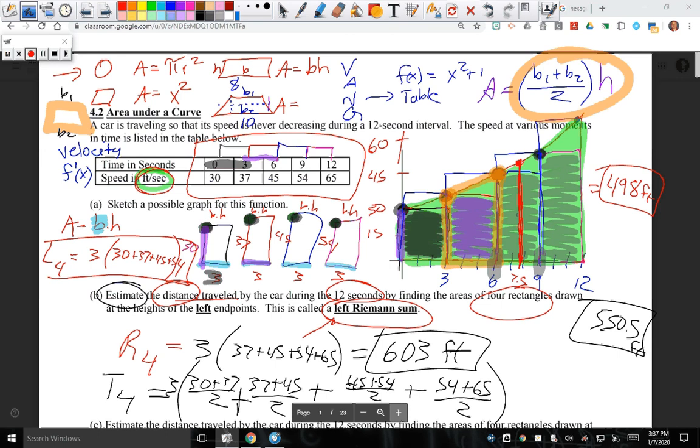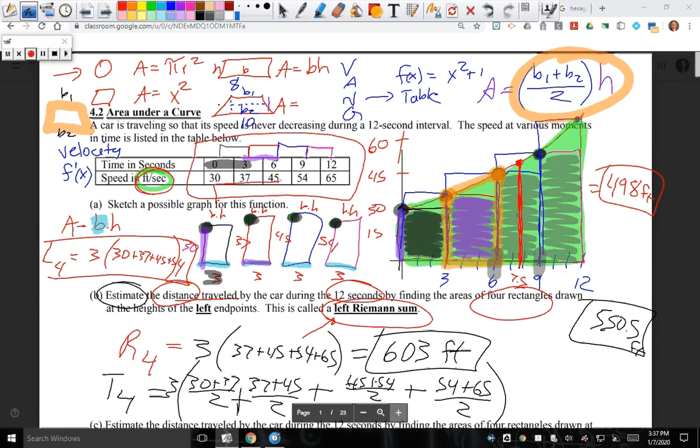Great question. On this one I can't. On another one in just a bit I'll show you can. Okay, here's the thing. In midpoint you need a function to do this, or instead of 4 rectangles, what if I had 2 rectangles? Just split at 6.